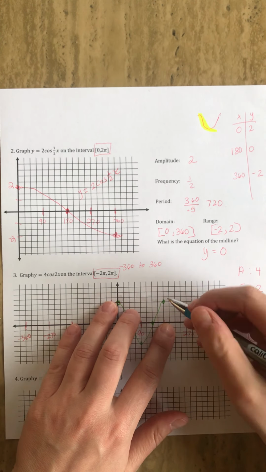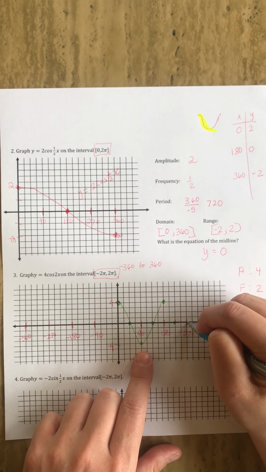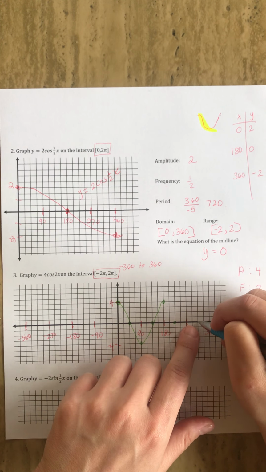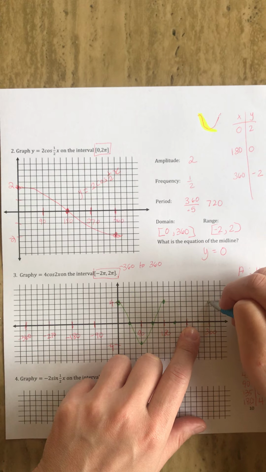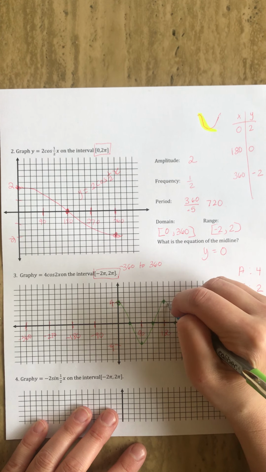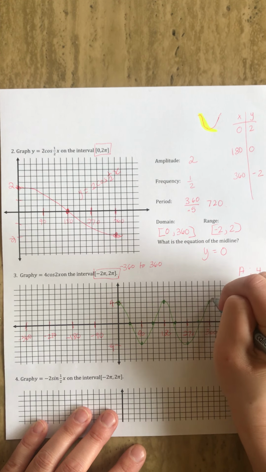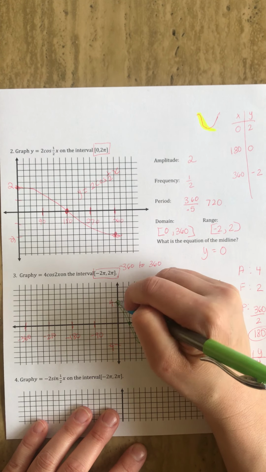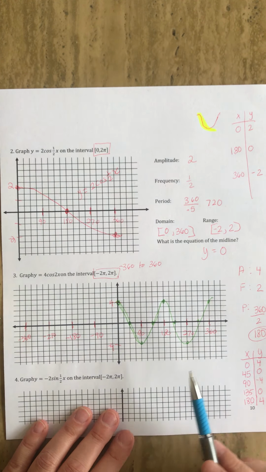You're going to go halfway, back down to 0, back down to negative 4, 0, and 4. And you guys will see 2 cycles from 0 to 360.